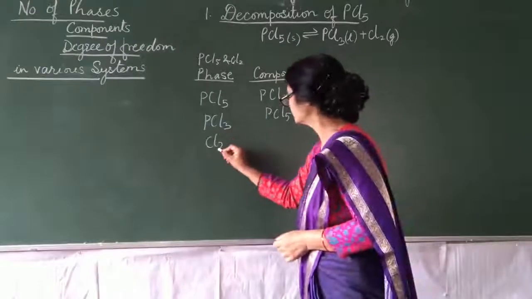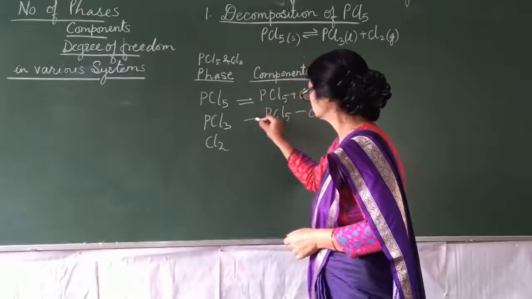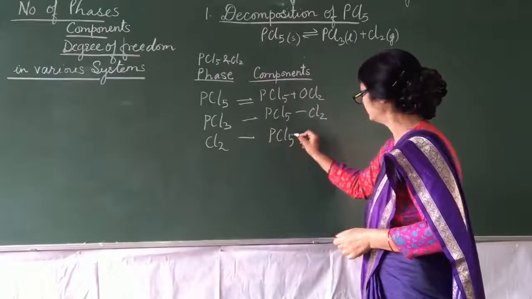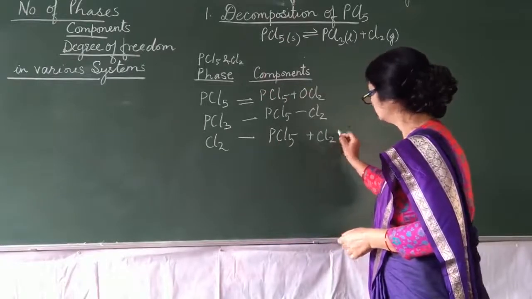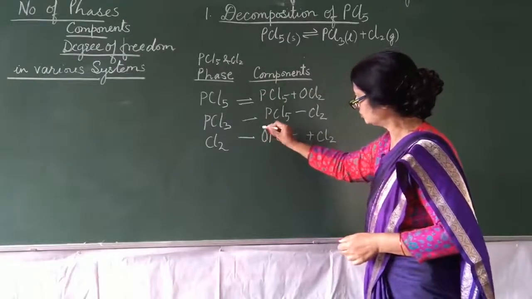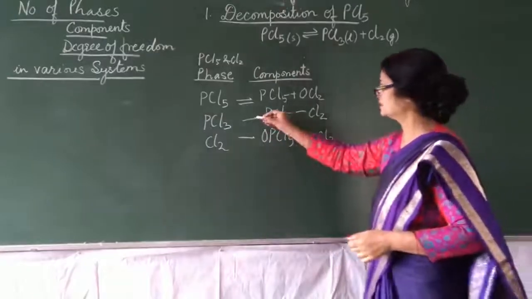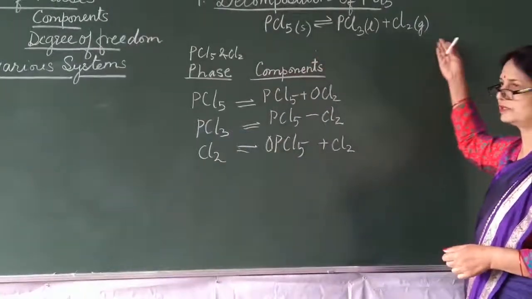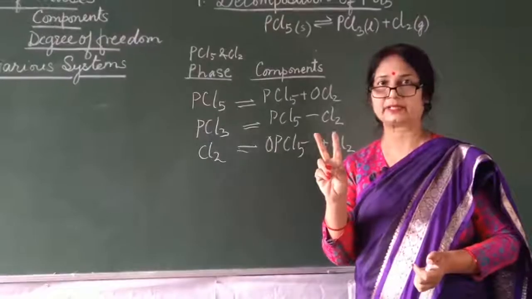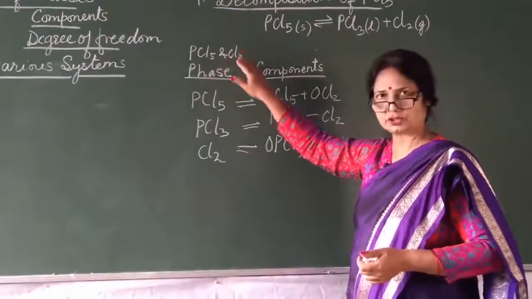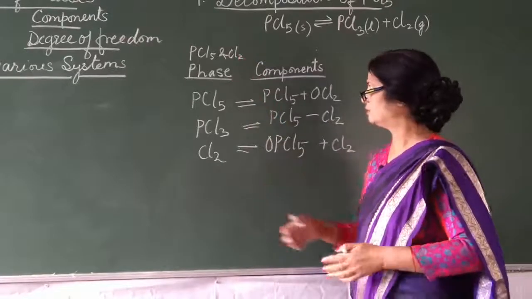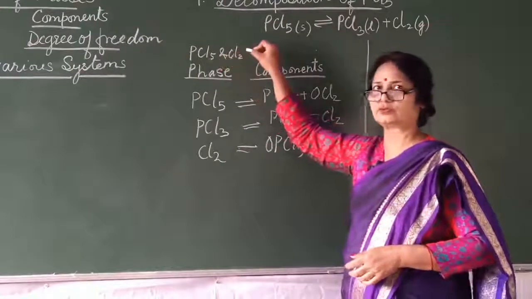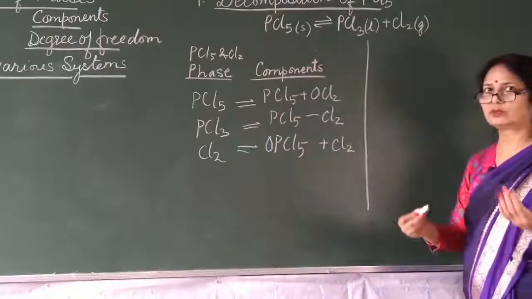Cl2 can also be expressed as PCl5 plus Cl. We will place 0 coefficient over PCl5. In this way, we can see that we can represent all these phases with the help of only two chemical entities, that is PCl5 and Cl. Now let me further clarify this to you, that instead of taking PCl5 and Cl, you can take any chemical entity of your own choice.